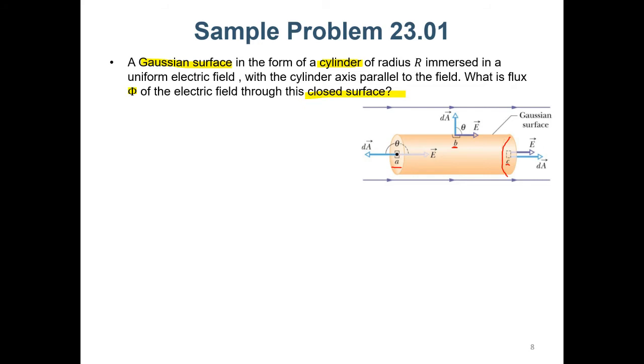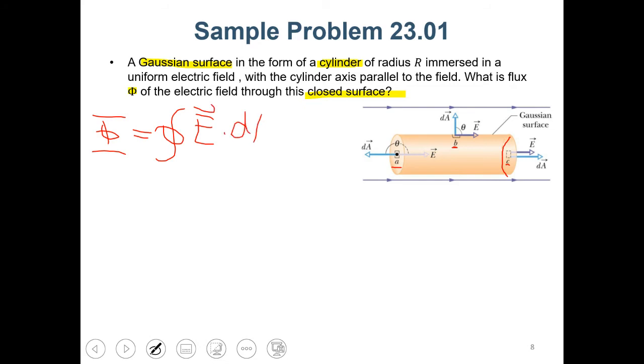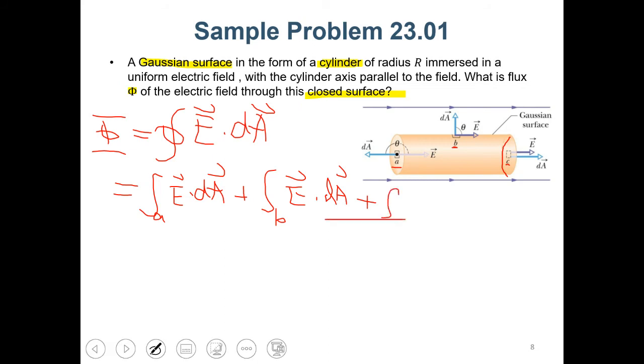So here phi equals the closed surface integral of E dot dA, which will be nothing but the integral of E dot dA of the A part plus the B part plus the C part.